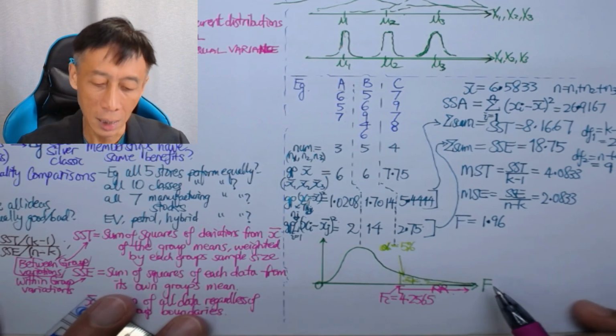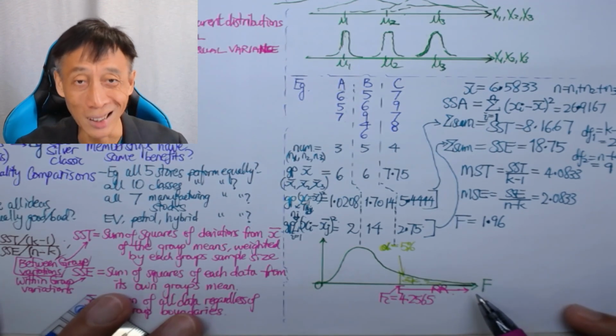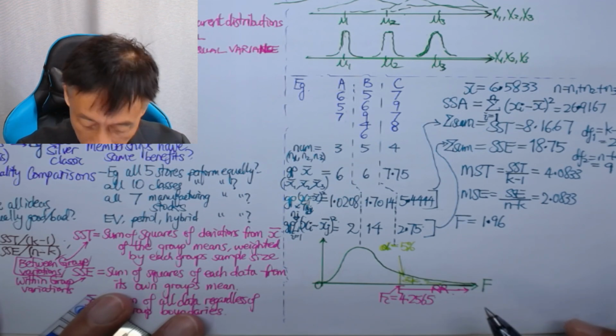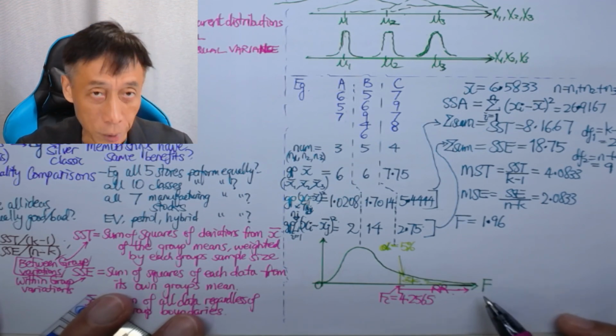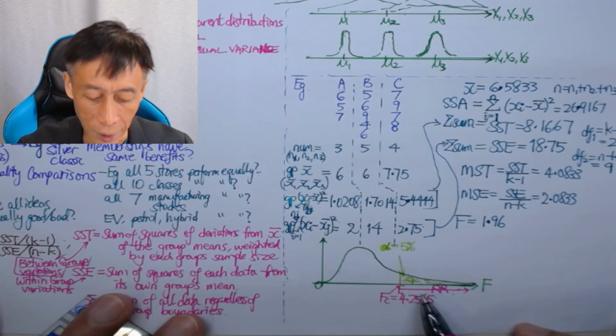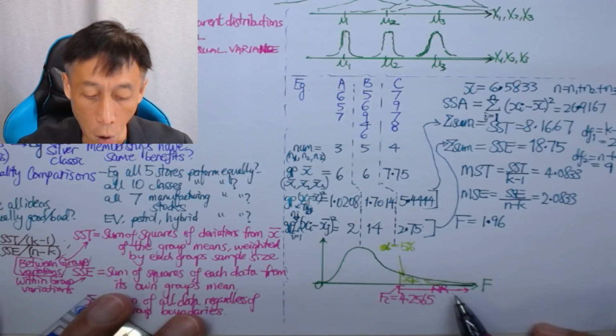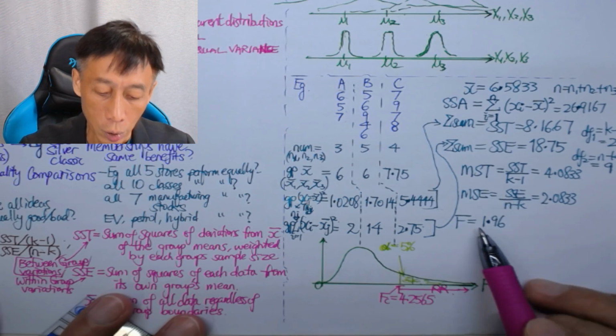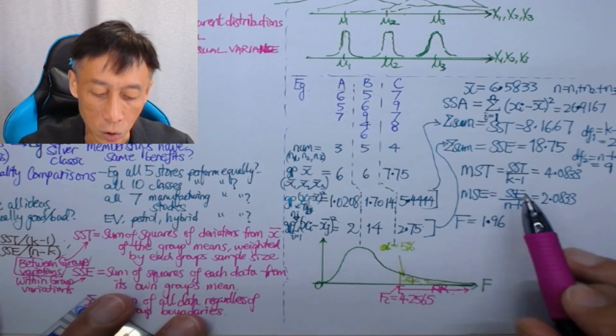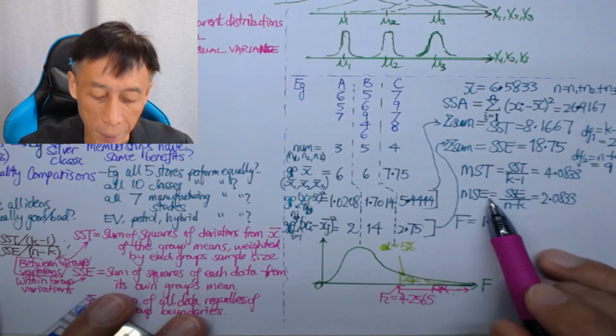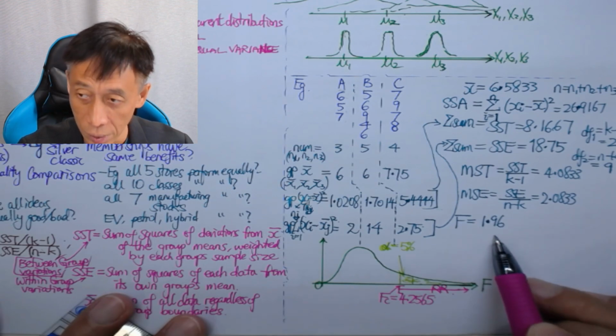But for hypothesis tests, ANOVA, and also regression, linear regression, we always use the right side to reject, because the F test statistic is constructed from MST over MSE.